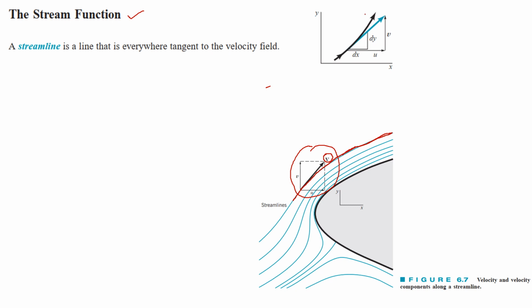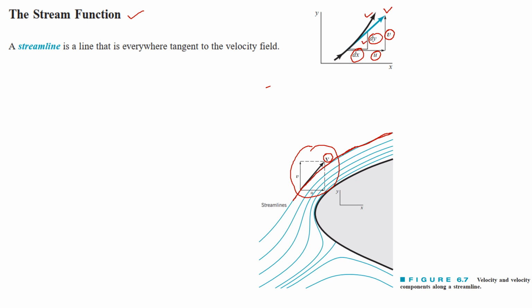This black arrow is a streamline, and this blue arrow is the velocity field, and this velocity field has two velocity components, the v velocity along the y-axis and the u velocity along the x-axis, and these v and u components are along a certain differential dy and dx.